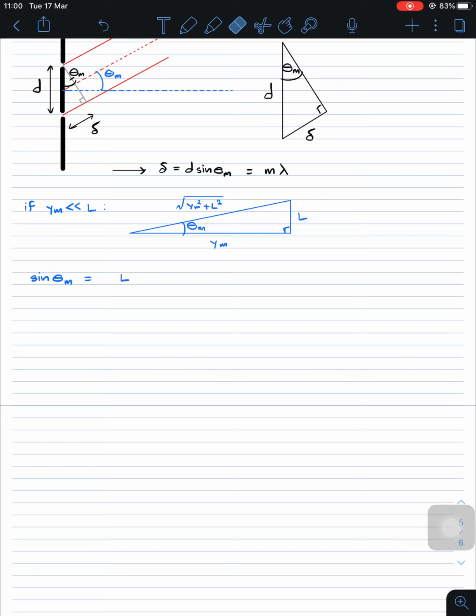Oops, sorry, my bad, I switched them. This is L and this is y_m.